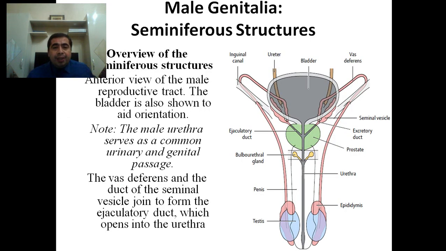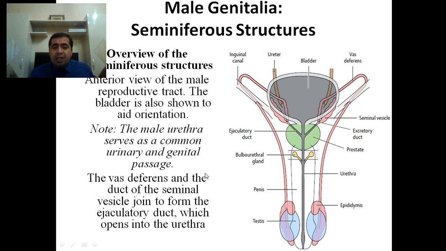For repeating the male genitalia, a view of the seminiferous structures, anterior view of the male reproductive tract. The bladder is also shown to aid orientation. Very important note, the male urethra serves as a common urinary and genital passage.